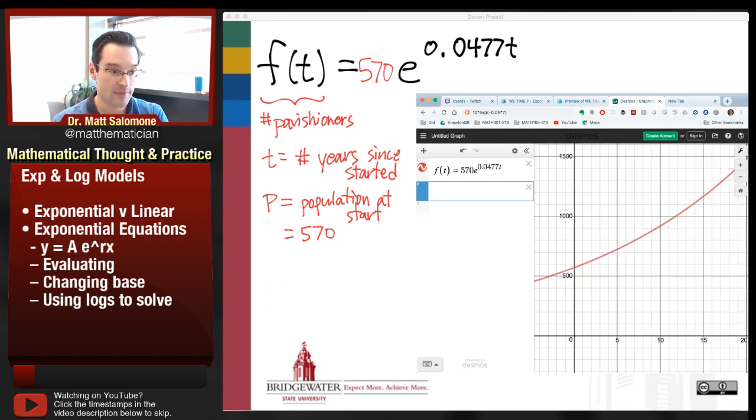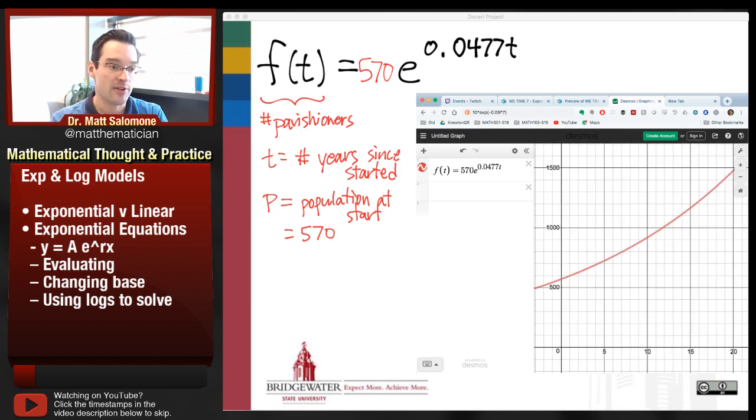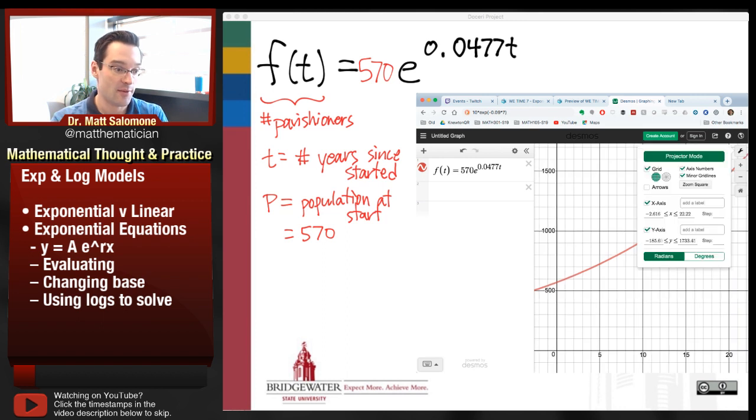I want to be able to see enough of this graph to make it meaningful. Let me label my axes. So this is years since start, which we call t, and then the vertical axis is number of parishioners, f of t.